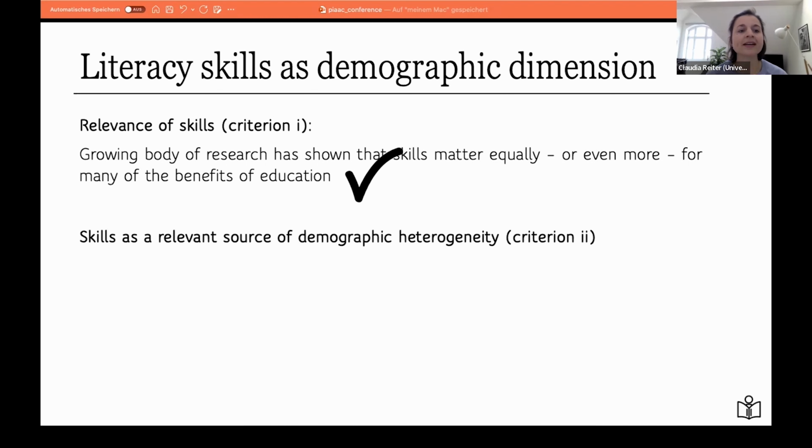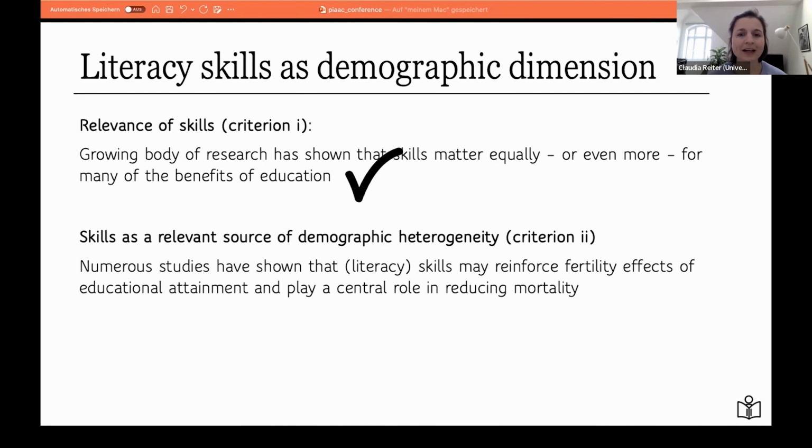The second one is skills as a relevant source of demographic heterogeneity. This basically means that it must have an impact on one of the main demographic changes, such as fertility, mortality, or migration. There's not so much literature on that, but still some studies have shown that literacy skills, or skills in general, may reinforce fertility effects of educational attainment and play a central role also in reducing mortality.